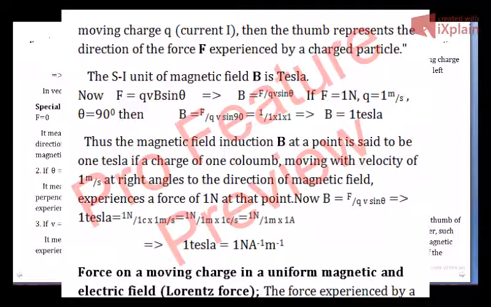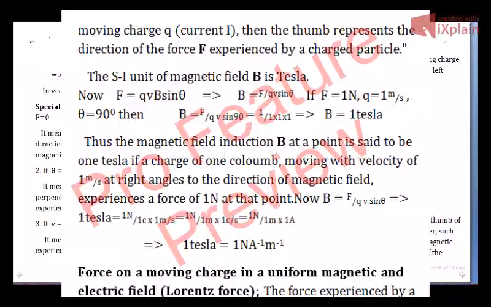Now we have to define what Tesla is. We know that F is equal to QVB sin theta, which implies B is equal to F upon QV sin theta.